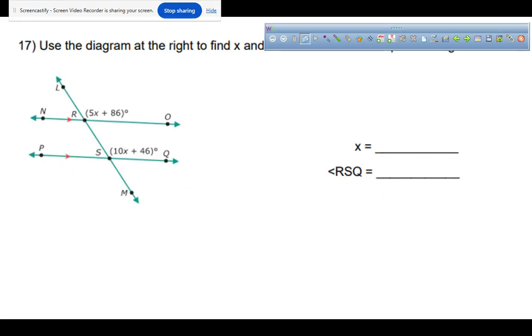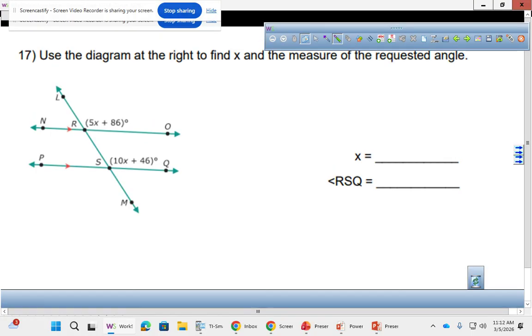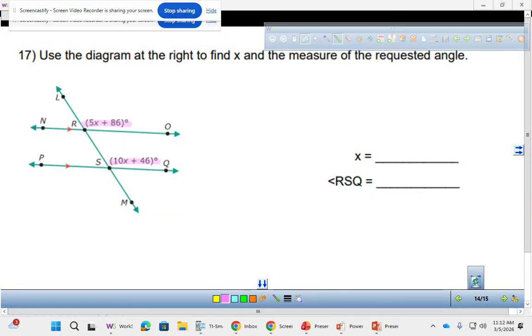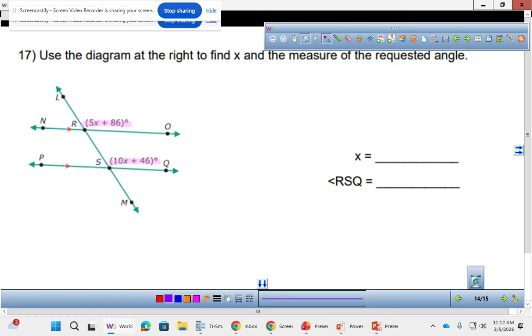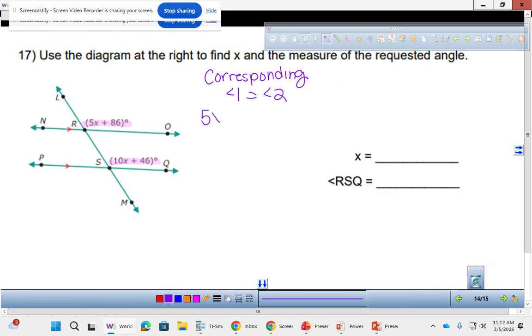This diagram is giving me a top right-hand angle and a top right-hand angle. These angles are in similar positions. I call them corresponding angles. And I know that corresponding angles are equal. So angle 1 is equal to angle 2. So I'm going to take the equation for the first angle and set it equal to the equation of the second angle.